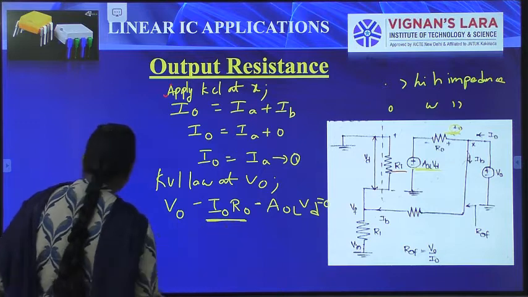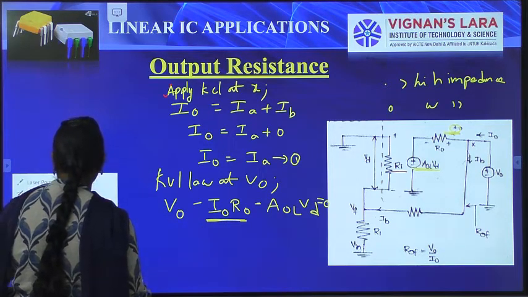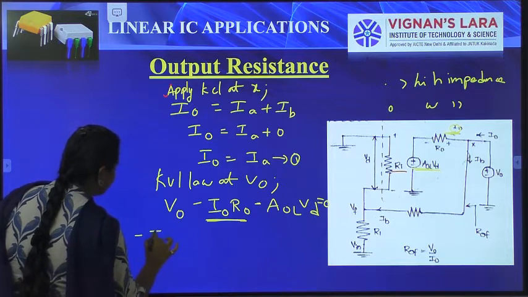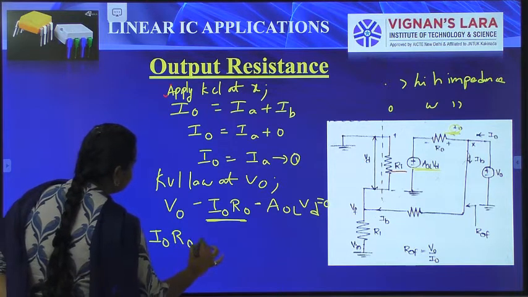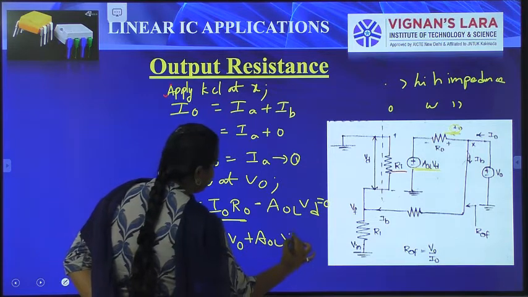I want only the R0 term on one side, so we take it out: minus I0 R0 is equal to minus V0 plus AOL VD.